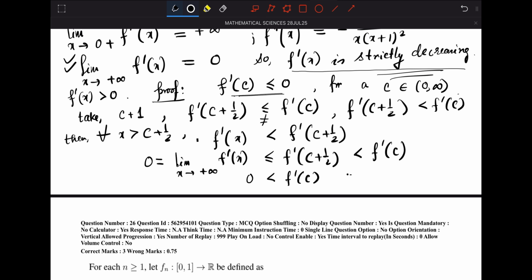This is a contradiction, so our assumption is wrong.